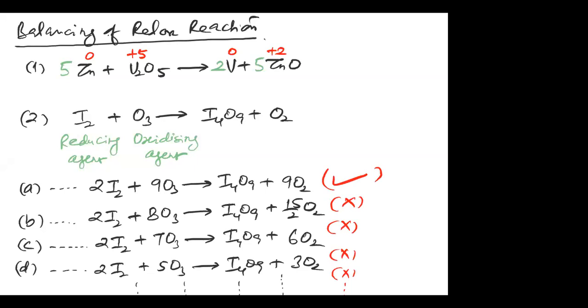It is not simply balancing atoms. In a redox reaction, apart from balancing atoms, you have to balance their charge. You have to balance their oxidation number. You have to balance loss of electrons and gain of electrons. So overall, we have to understand a few methods to balance the reaction.